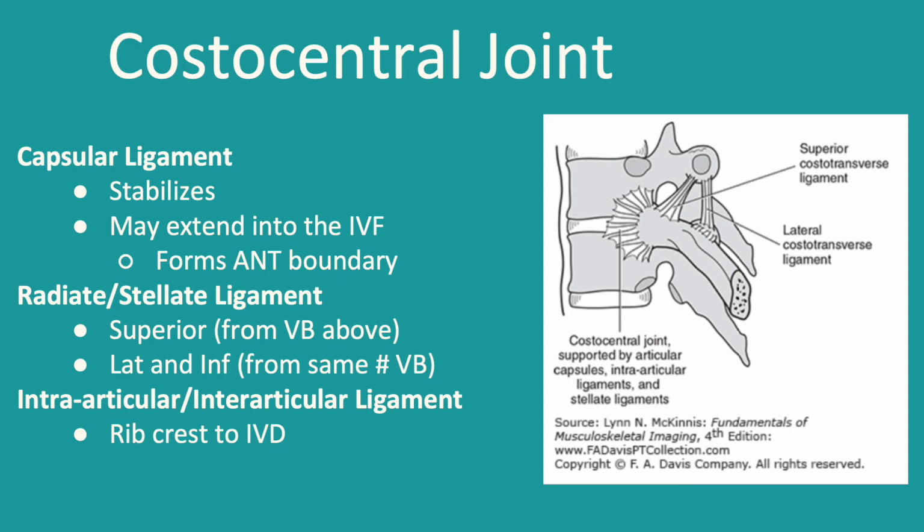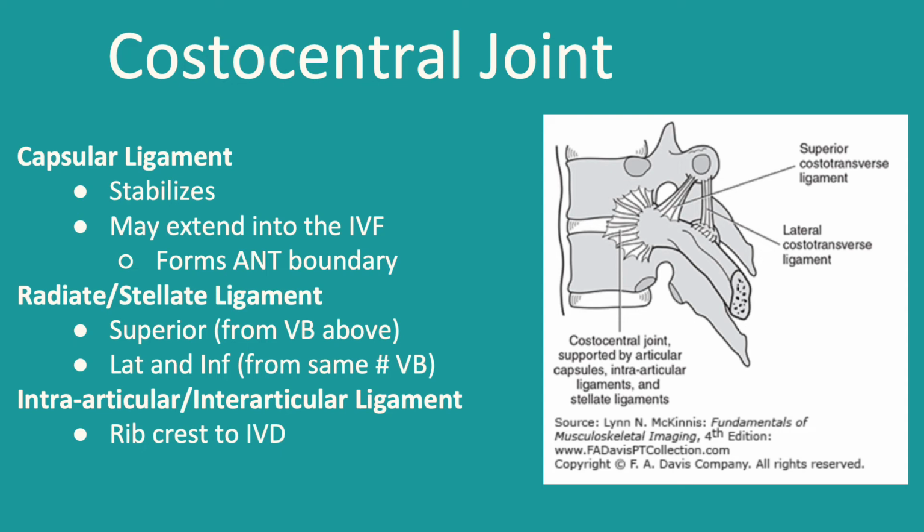On page 86, you've got your costocentral radiate, aka your stellate ligament. Those two are AKAs. There are three different parts of them, and you'll see that on the diagram on page 87. We've got a superior, an inferior, and an intermediate.